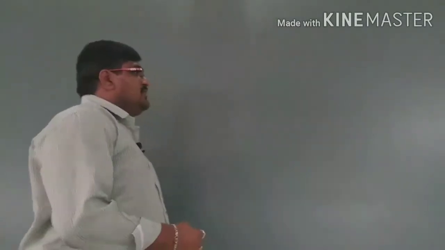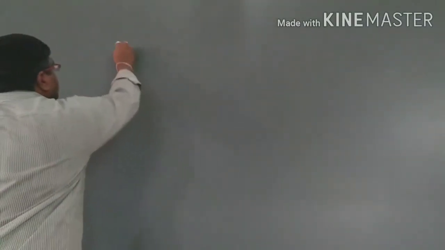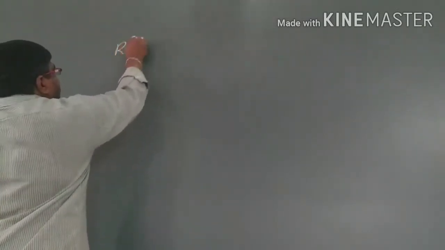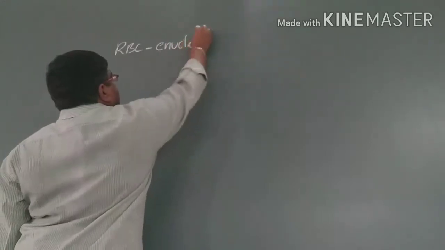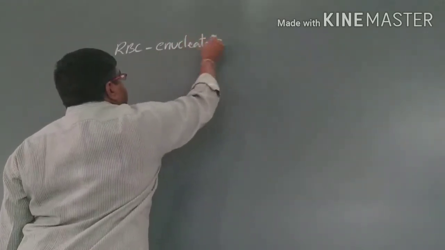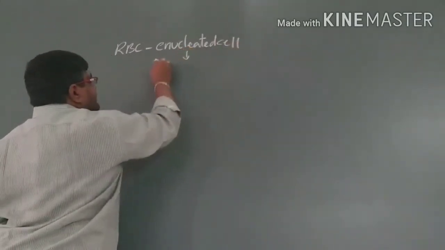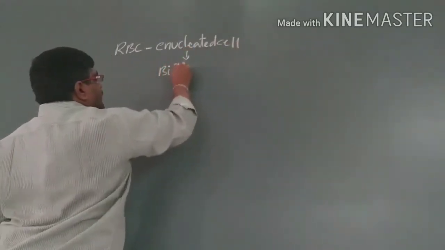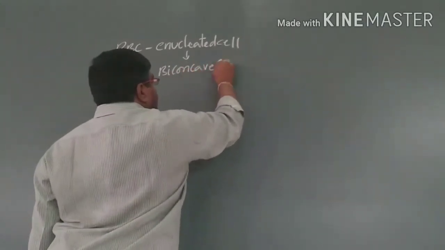Now coming to the red blood cells. RBCs are enucleated cells, biconcave in structure and round in shape.